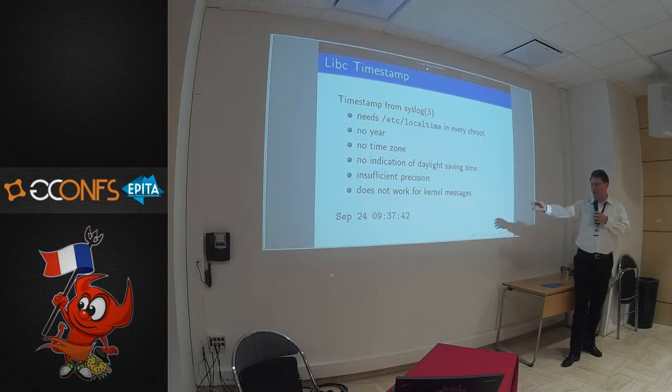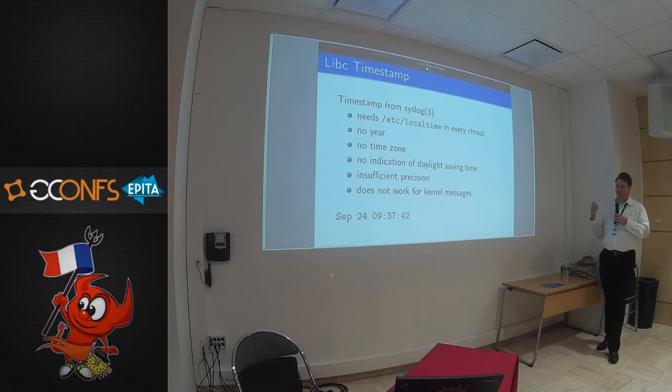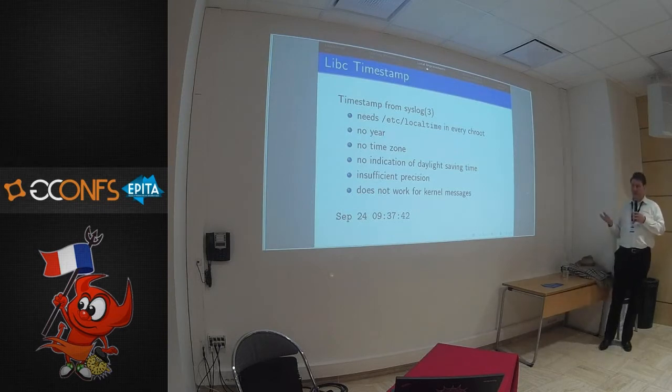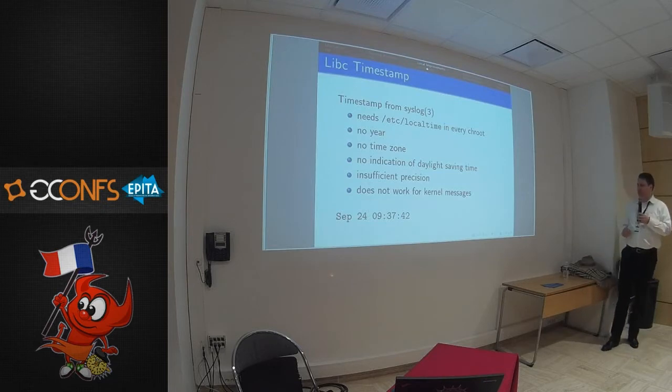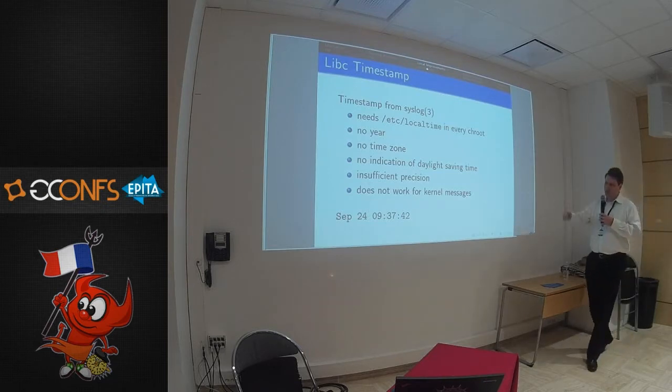And when you look at the format, we have no year, we have no time zone, we have no daylight saving time indication. So one time in a year, for one hour every log message appears twice, and then you have a 1 hour gap half a year later. We have only second precision, no sub-second precision.